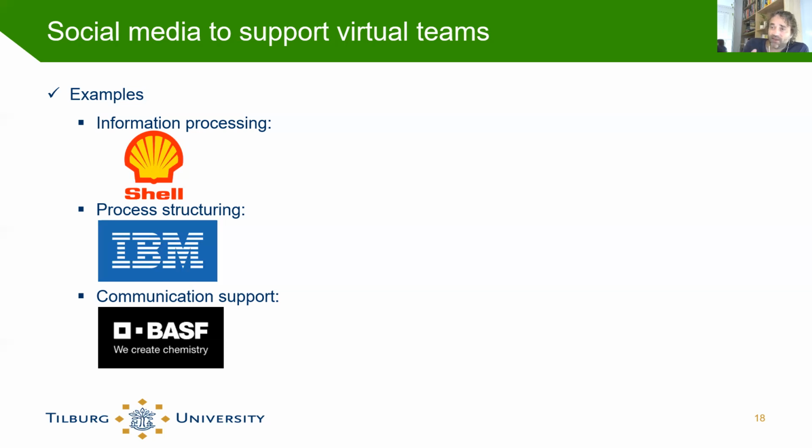So what they did was they created a kind of corporate Facebook, people being able to have friendly conversations, create subgroups, create their own profile page in order to support the more social aspects of the organization and the teams in the organization.